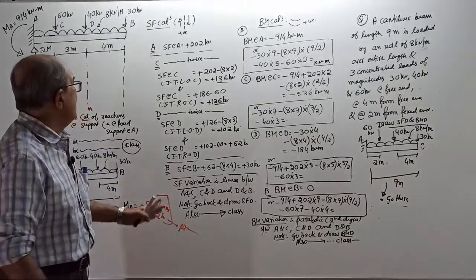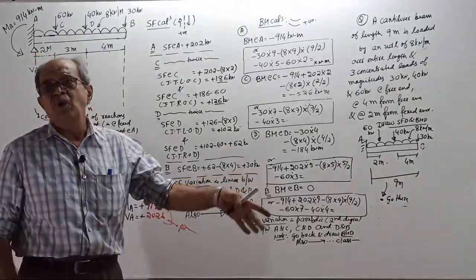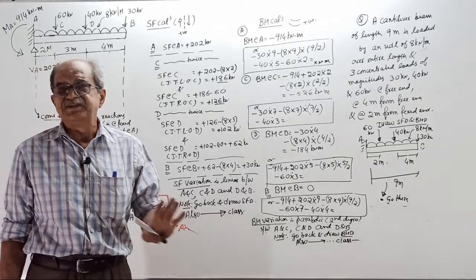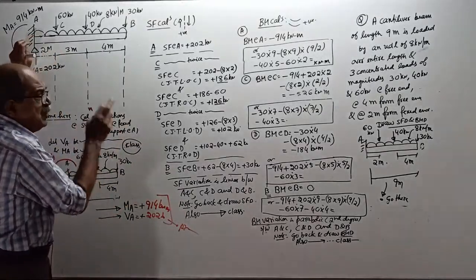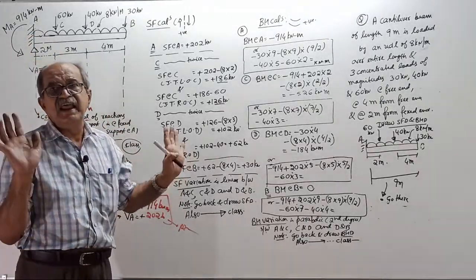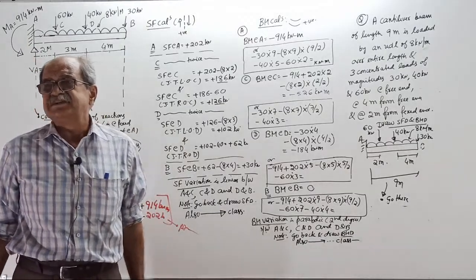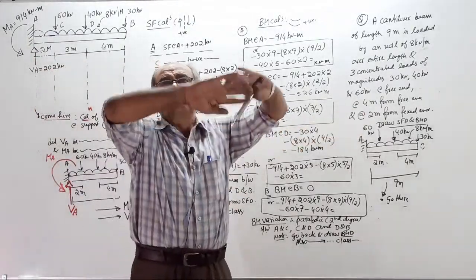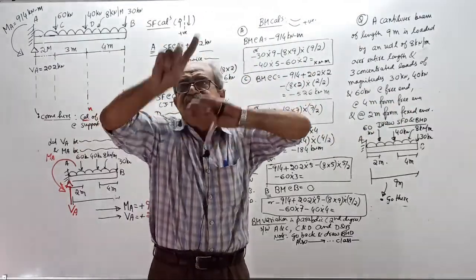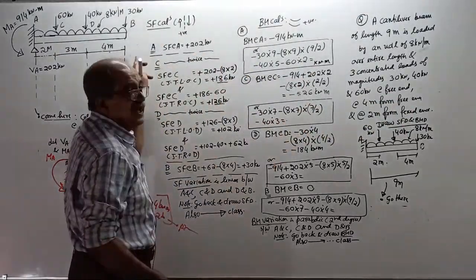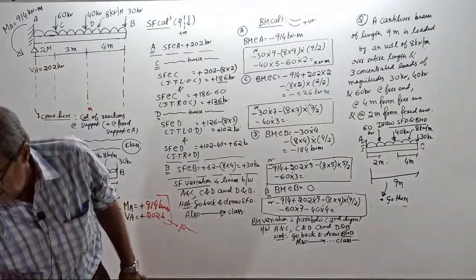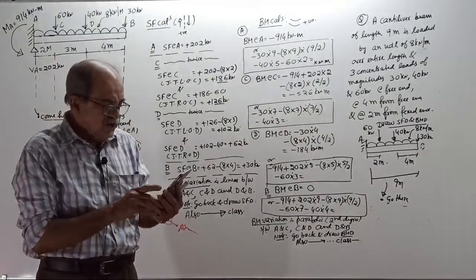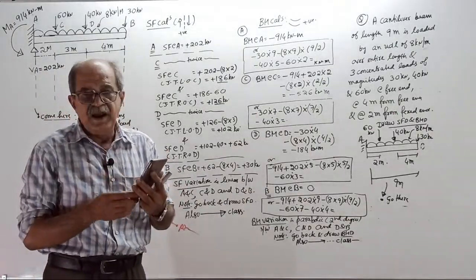Next time onwards, unless something special is there, I will not waste time writing reactions. I will put the beam, tell the magic, find the reaction, then come here. Clear?